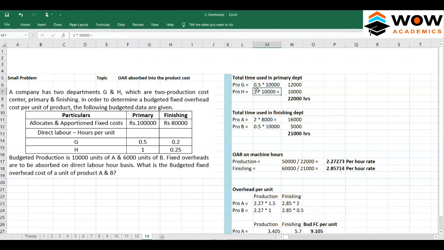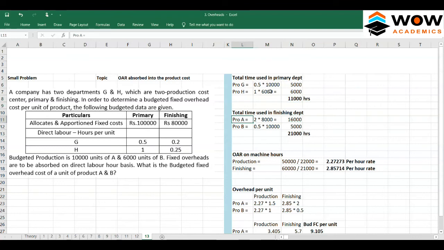H takes 1 hour, and it has 6,000 units. So this becomes 5,000, and this becomes 6,000. Totally put, it becomes 11,000.